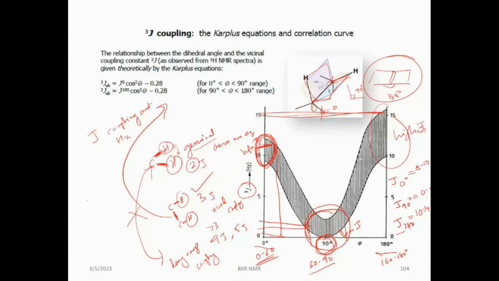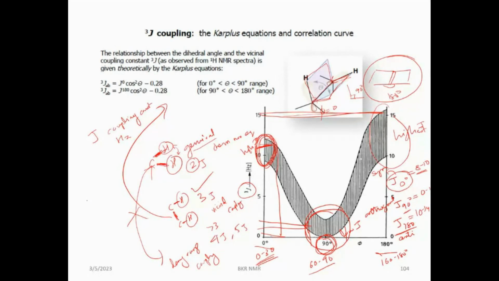When the hydrogens are anti-periplanar, you have the highest coupling constant value. When the hydrogens are syn-periplanar, on the same plane, they have the next highest value. But when the hydrogens are orthogonal, at 90 degrees, they have the lowest value.